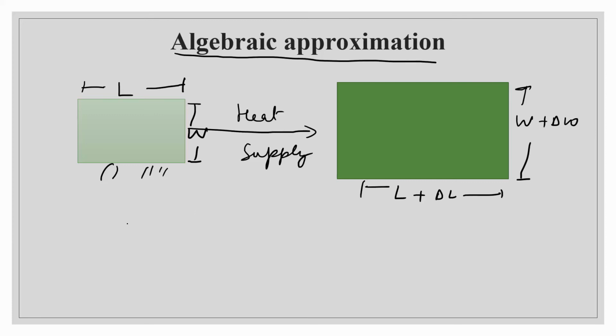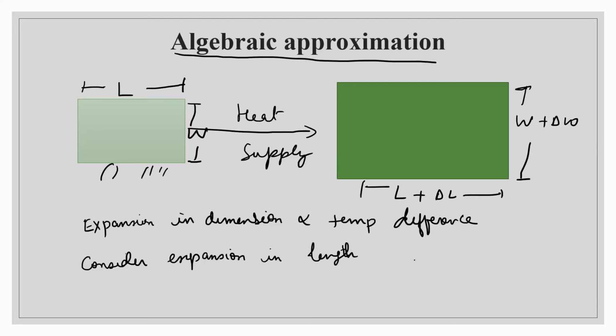Now this expansion in dimension is directly proportional to temperature. If you consider the expansion in length, we will write delta L by L is directly proportional to delta T. So this gives you delta L by L is equal to alpha delta T. And now what is this alpha?